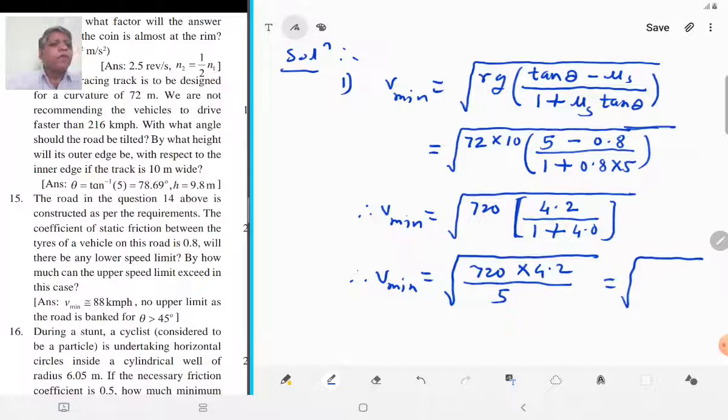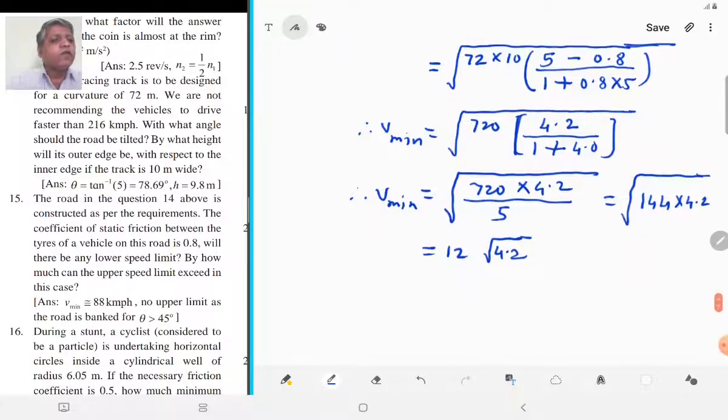Now divide 720 by 5, we get 144 into 4.2. The square root of 144 is equal to 12 into square root of 4.2.